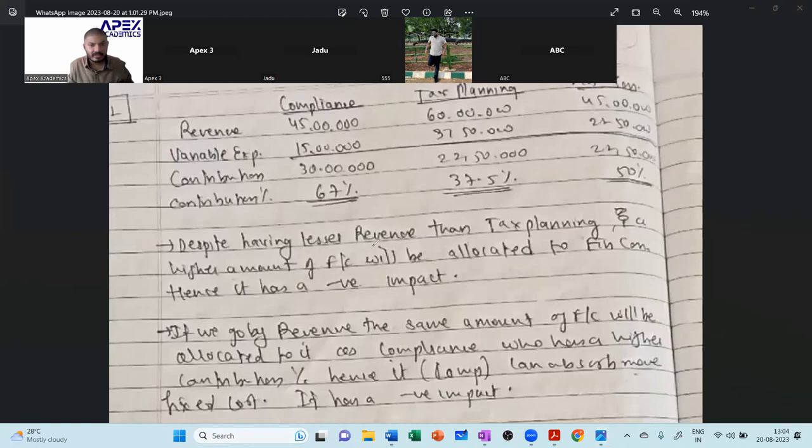Despite having lesser revenue than tax planning, a higher amount of fixed cost will be allocated to financial consulting, hence it has a negative impact. Please understand, despite having lesser revenue than tax planning, a higher amount will be allocated to financial consulting. Why?